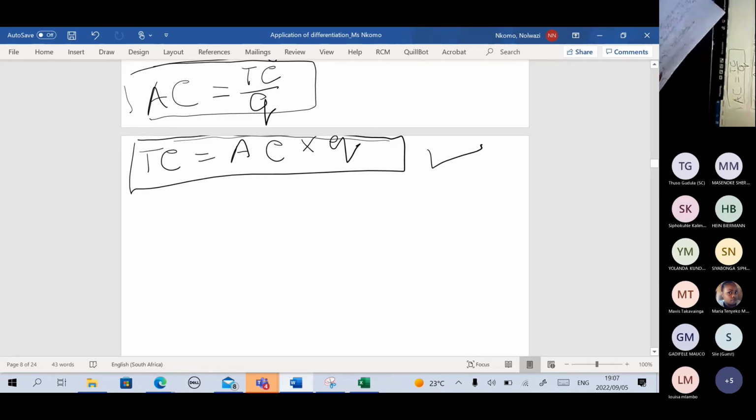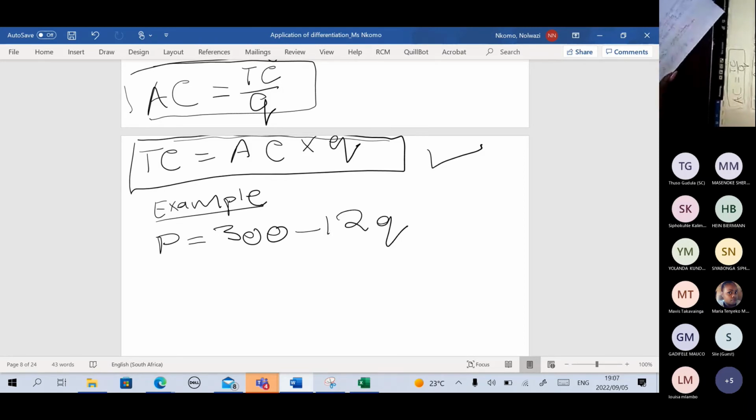Now, suppose we are given that the demand function for any company, or for a monopolist, is given by P is equal to 300 minus 12Q, right? Okay.